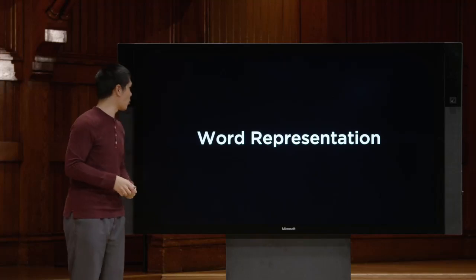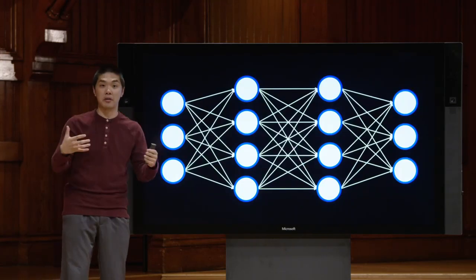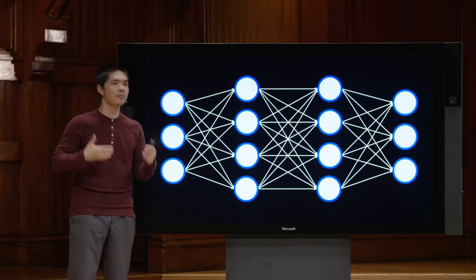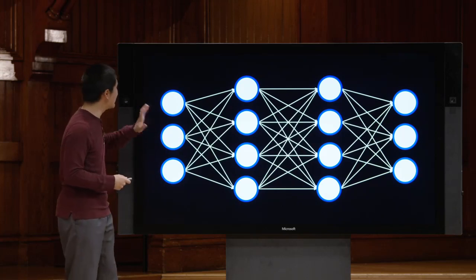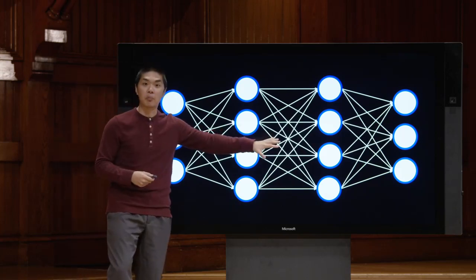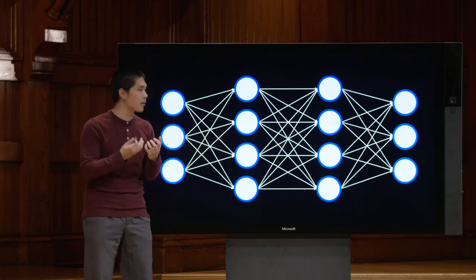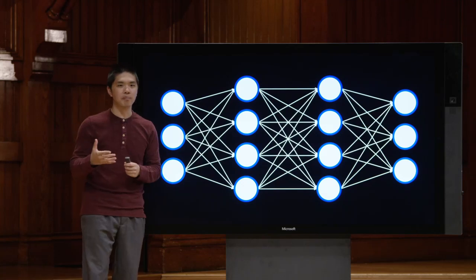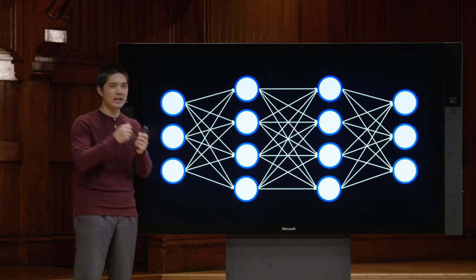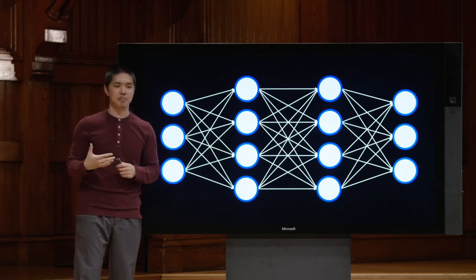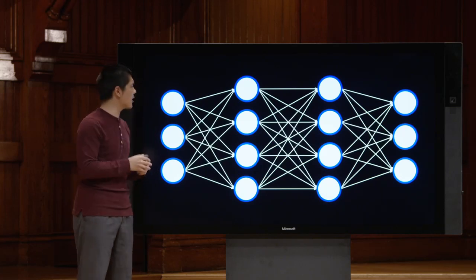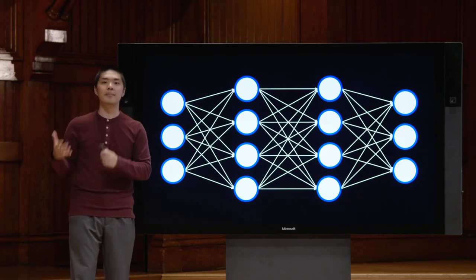Because, for example, if we wanted to use a neural network to be able to process language, give our language to a neural network and have it make some predictions or perform some analysis there, a neural network takes as input and produces as output a vector of values, a vector of numbers. And so what we might want to do is take our data and somehow take words and convert them into some kind of numeric representation. So how might we do that? How might we take words and turn them into numbers?